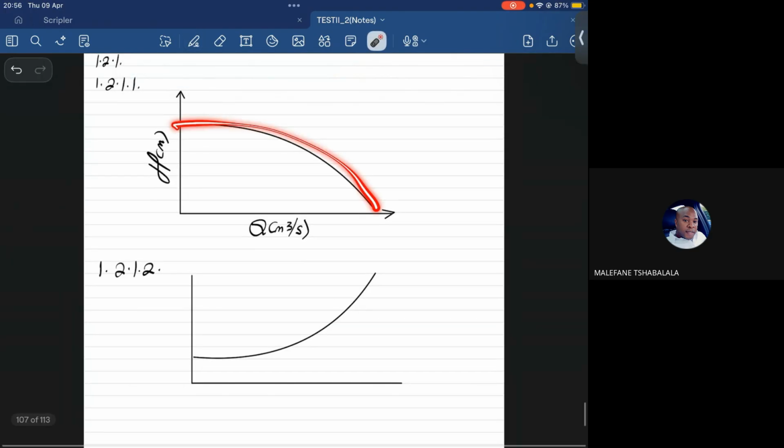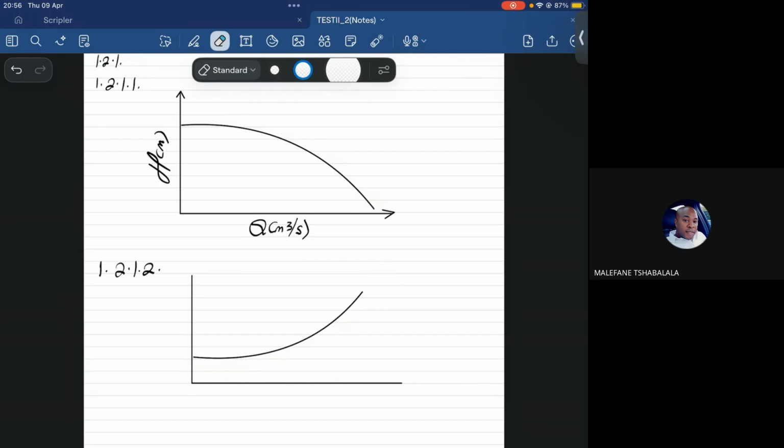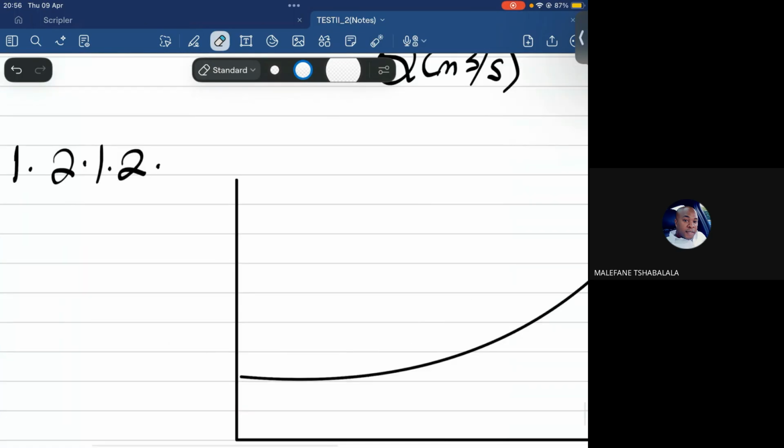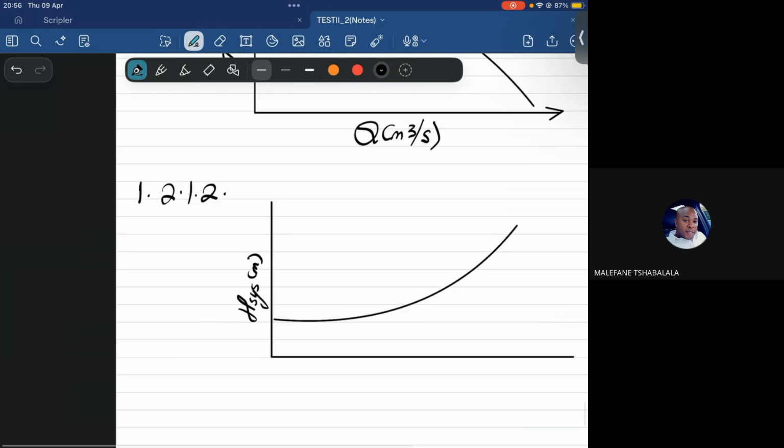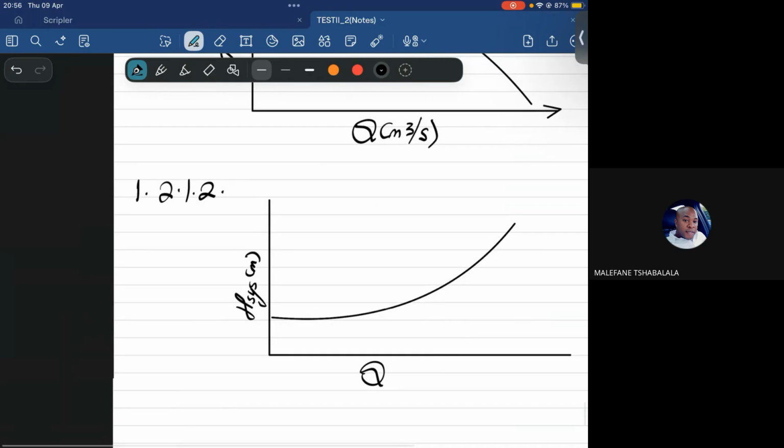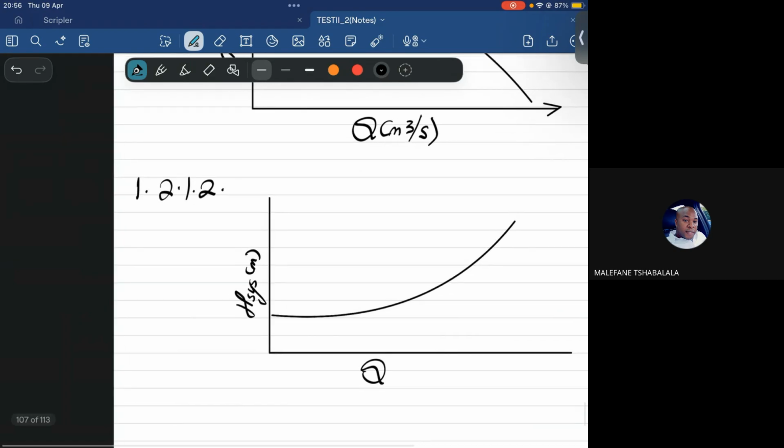So this is the characteristic curve. This is the system curve. Again, this is the graph of the head system available versus the volumetric flow rate.